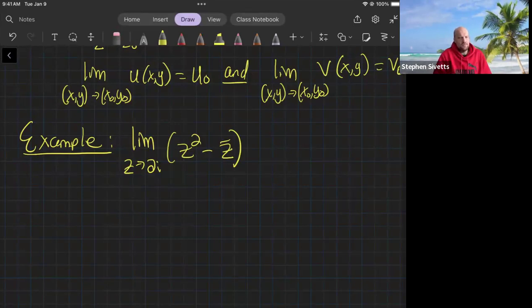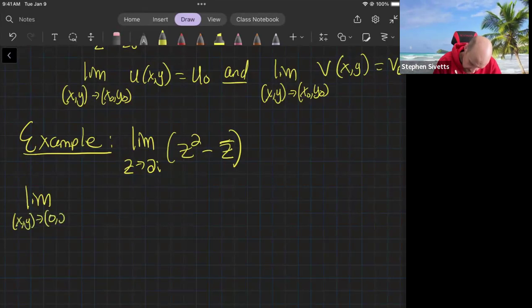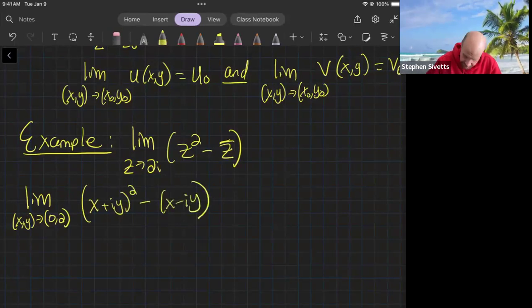Okay, so I assume you worked on this. We can just express z squared minus z bar in terms of the real and imaginary components. This will correspond to the limit as (x, y) goes to the point (0, 2). We have 2i here, so that corresponds to the point (0, 2) in the complex plane. So this would be (x plus iy) squared minus (x minus iy).